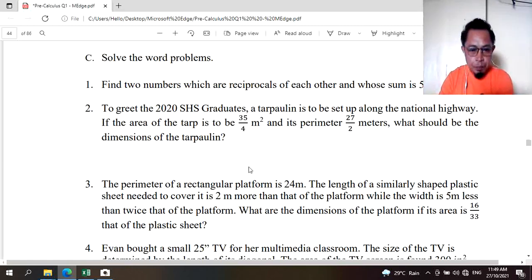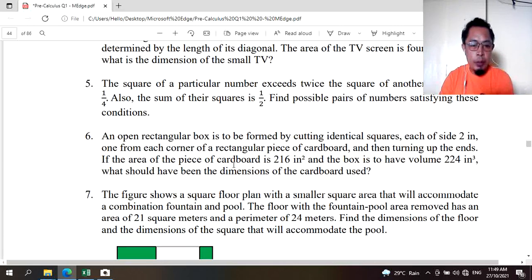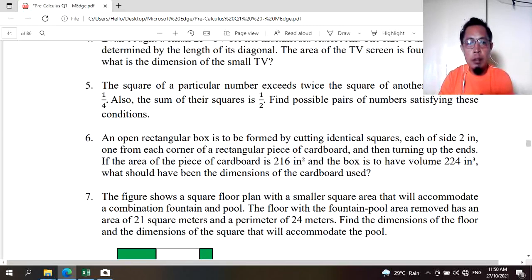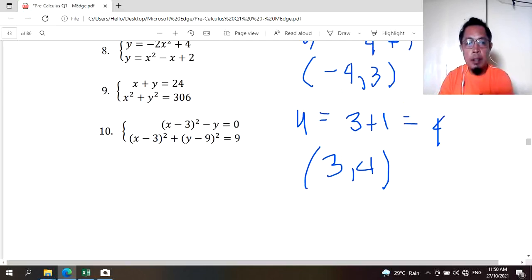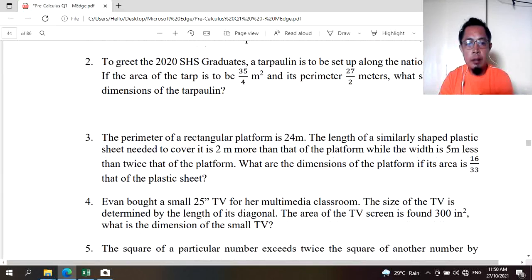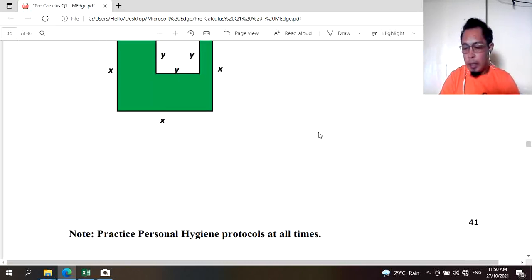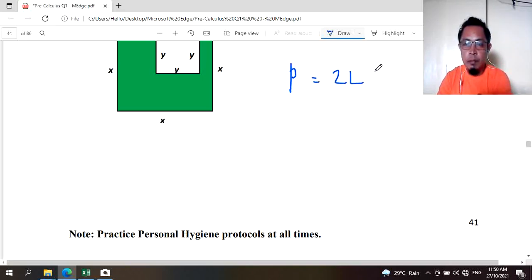Okay, so let's try to solve that one using a clear area here in this part. So we have the perimeter. The perimeter is given by the formula P is equal to twice the length plus twice the width.